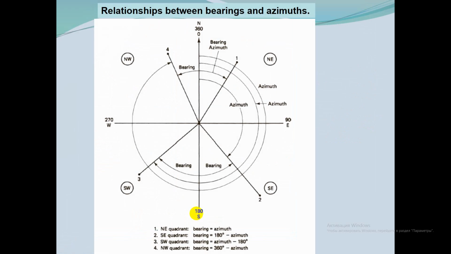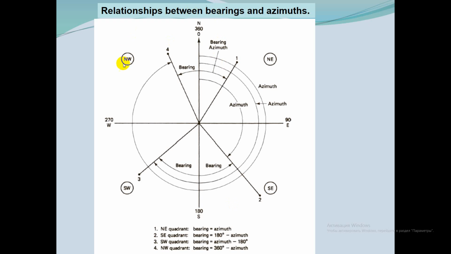Normally, surveying problems are worked out by using either bearing or azimuth for the directions of survey lines. The surveyor must be prepared to convert readily from one system to the other.